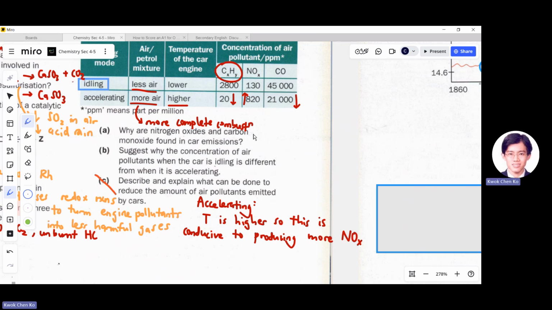You probably don't know about this fact, so yeah, this is the difficult part. You have to figure that out. You have to link temperature to formation of nitrogen oxides.